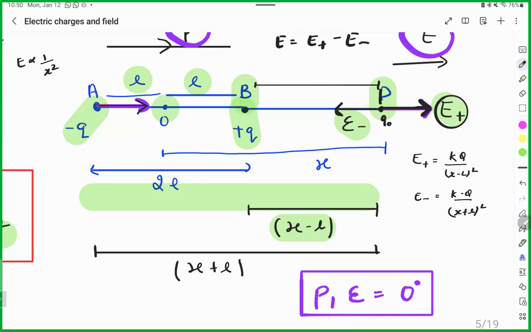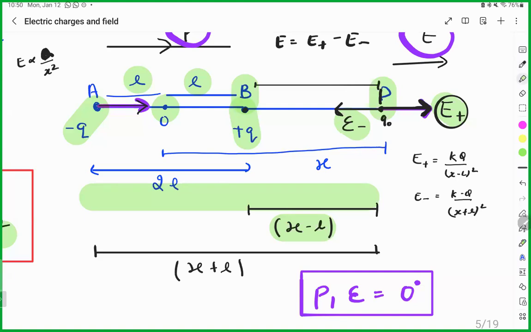Any doubt, Barinder? Because charge is the same. Electric field depends directly upon the charge and inversely upon the distance. Charge is the same in positive and negative. What will be the variable factor? X. Less distance, more electric field. Barinder, any question?